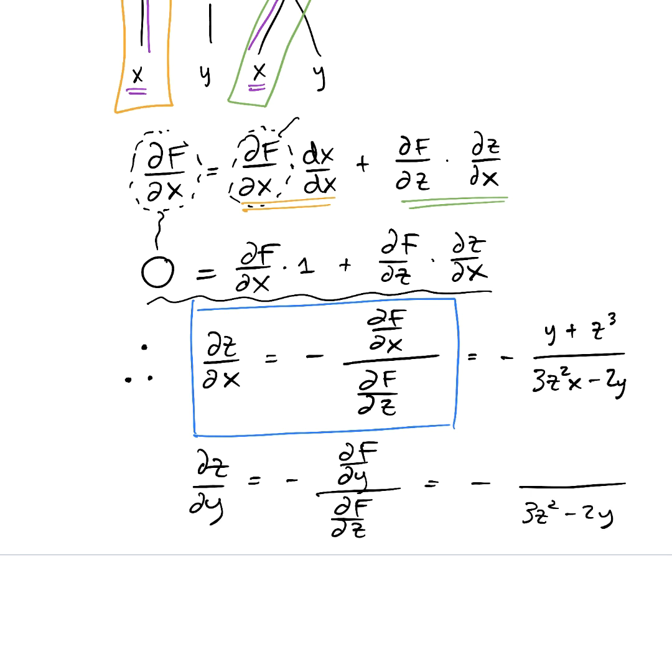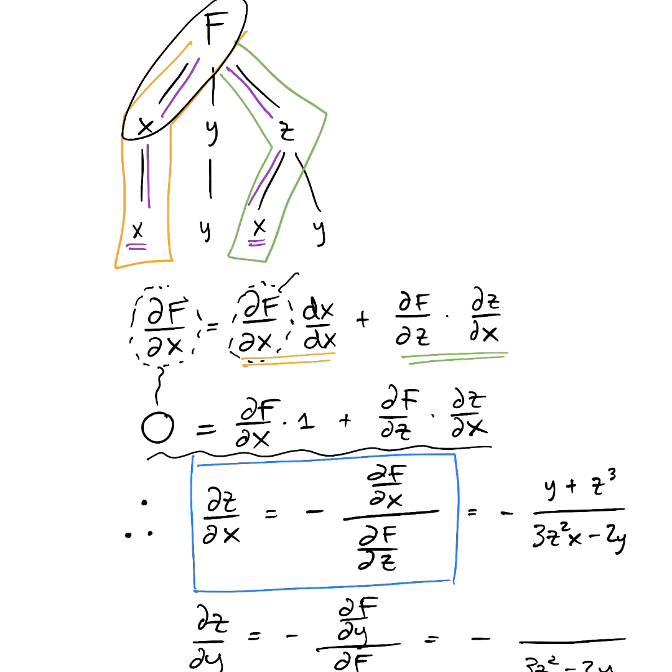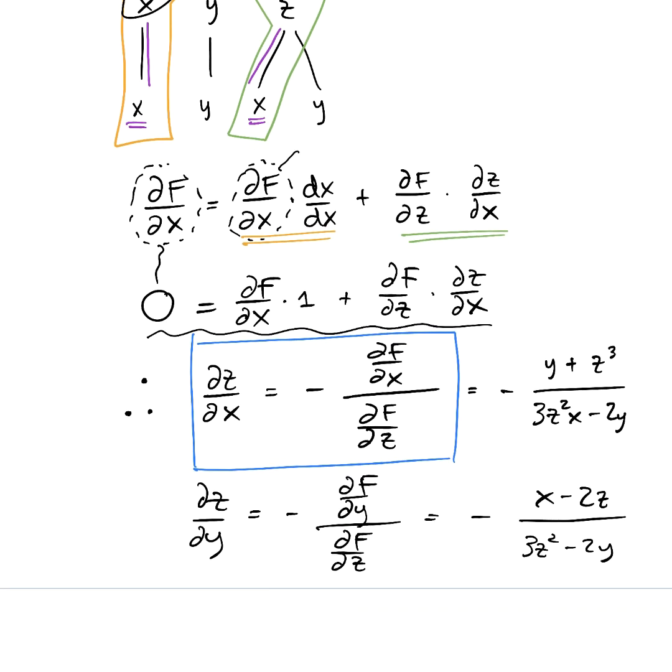Come back up here, look at df dy. So what is that? X, take away 2z. Done. Look at that. That problem took 30 seconds. Because you can always cut straight to the blue box. But we couldn't have said that 2 days ago, because 2 days ago we didn't know chain rule.